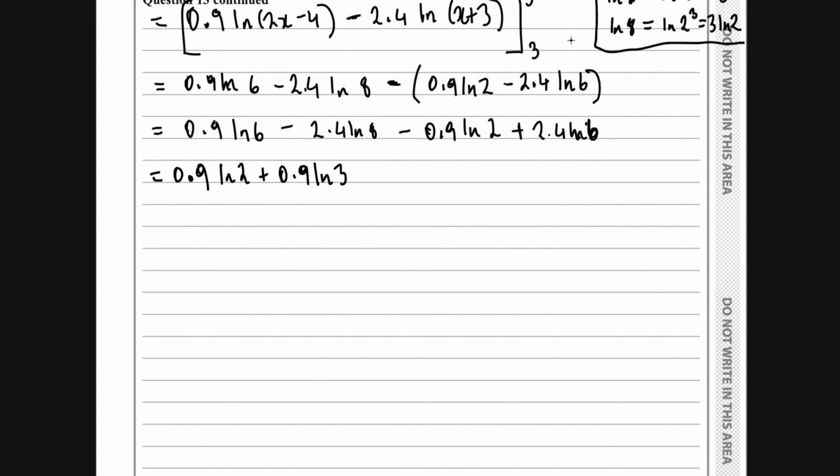Here, ln 8 becomes 3 ln 2, so in brackets there, ln 2. This here we don't have to do anything to whatsoever, because that is already in the form of ln 2.